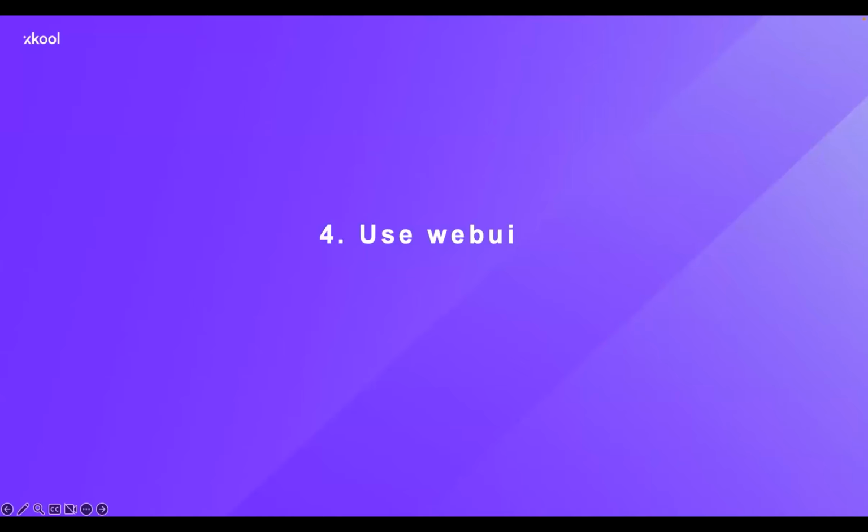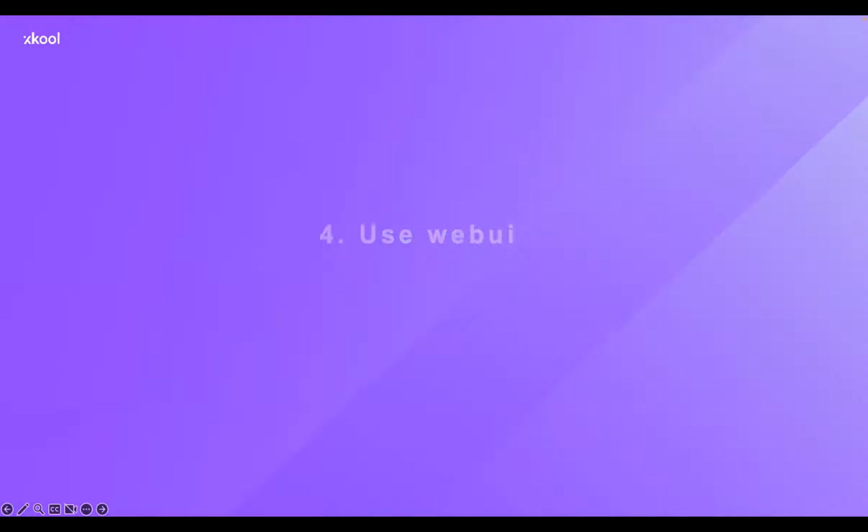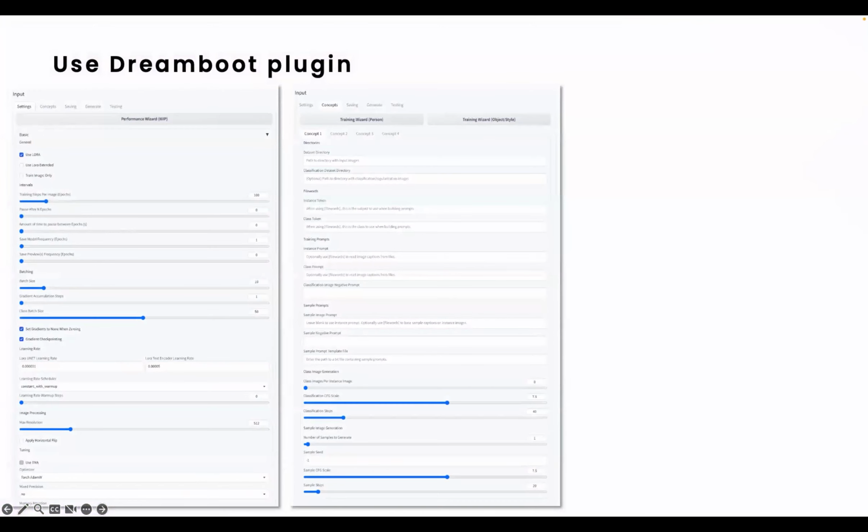And if we have a huge amount of data, let's say bigger than 200 or something, maybe our platform is not suitable for this kind of situation. You can also use the web UI to train your own model. And in this part, we are using the Dreambooth plugin to train your LoRA model.